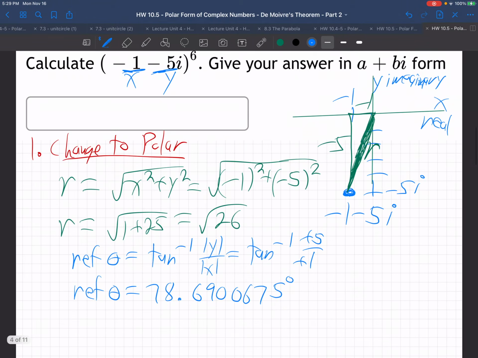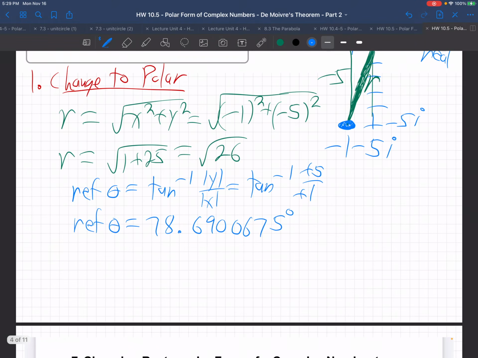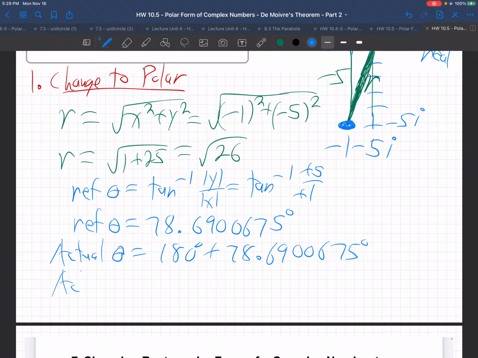What quadrant are we in here? That's why we graphed it in the beginning. Third quadrant. So in quadrant 3, the actual angle is 180 or pi, depending on whether you're in degrees or radians, plus the reference angle. So the actual angle is 180 plus 78.6900675 degrees.